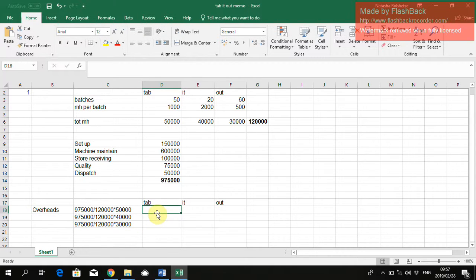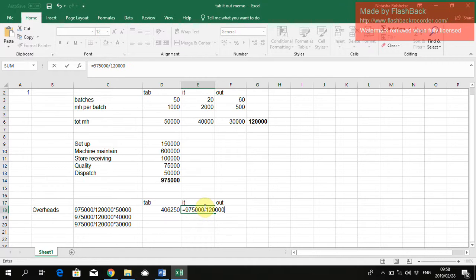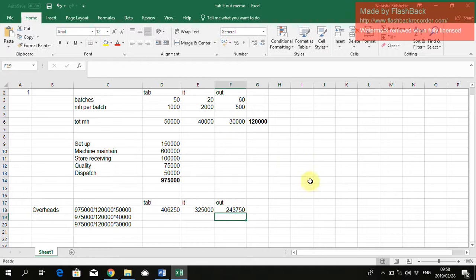So in doing these calculations, I will be able to see what the total overheads are. Again, I will times by the machine hours that are applicable to that product, and I will times lastly by out 30,000. And then we've allocated the total overhead.